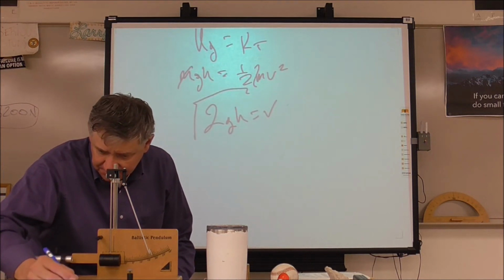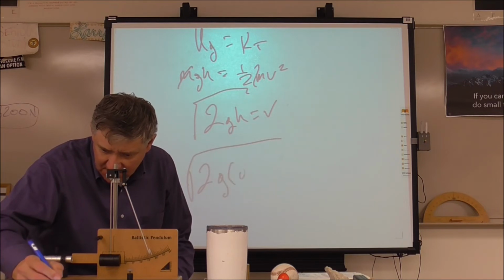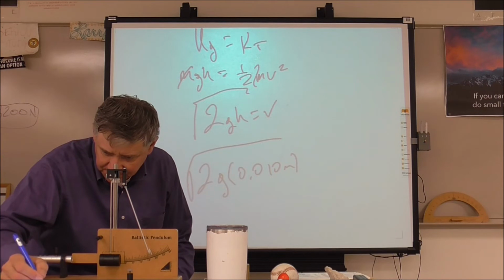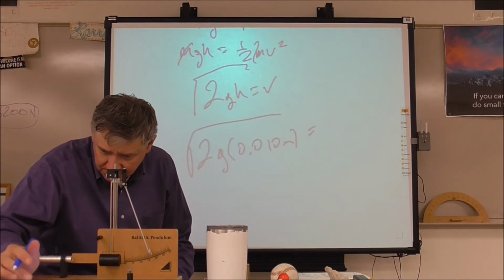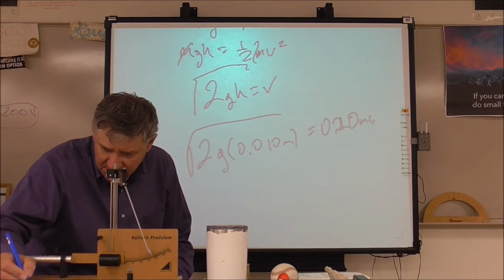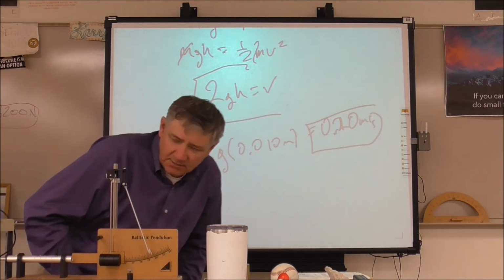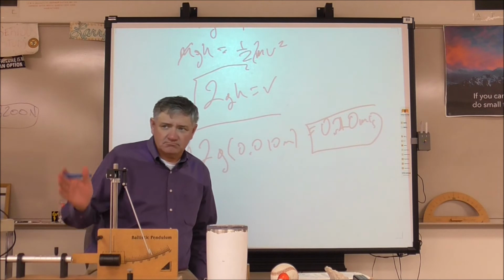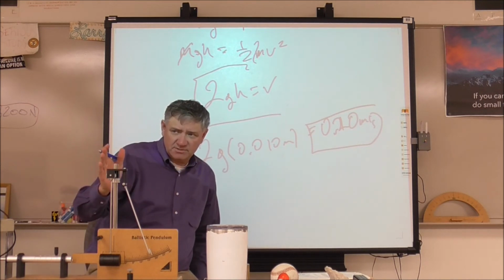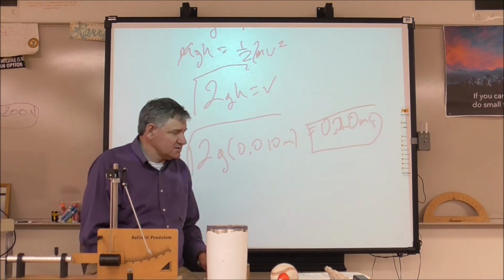So Tanner, Mr. Calculator, take 2 times g times that height of 0.010 meters. 0.197. So call it 0.20 meters per second. Okay, not very fast, but that's about 0.20 meters per second, okay? Not very fast.